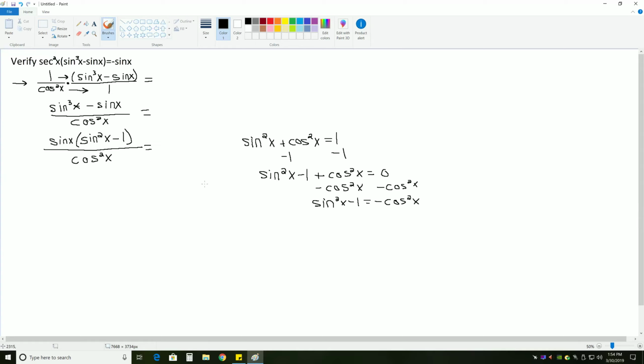That means we can now substitute that into our problem. This sine squared x minus 1 can be replaced with negative cosine squared x, leaving us with sine x times negative cosine squared x all over cosine squared x.